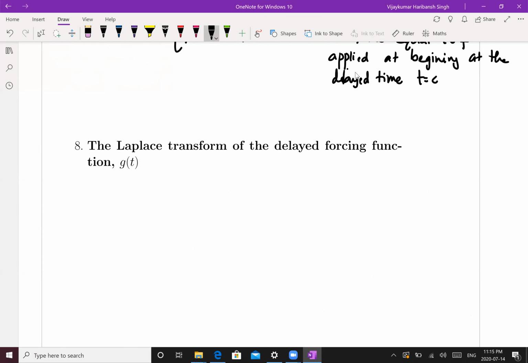Now suppose your g of t is uc of t times f of t minus c. The forcing function is delayed, and now we want to find the Laplace transform of this.